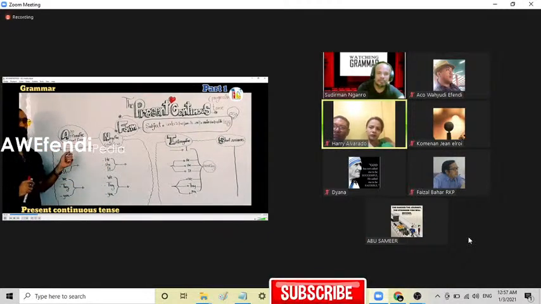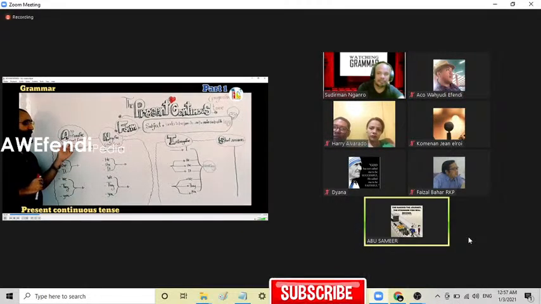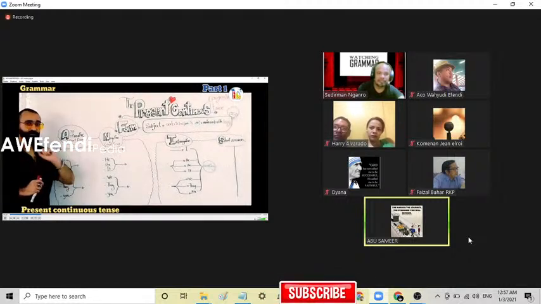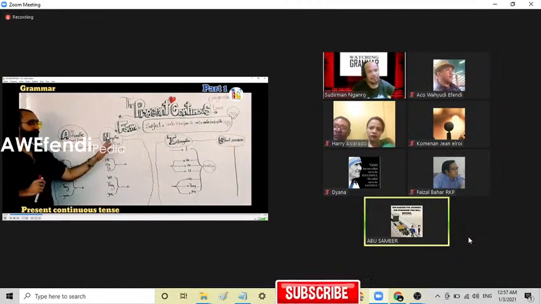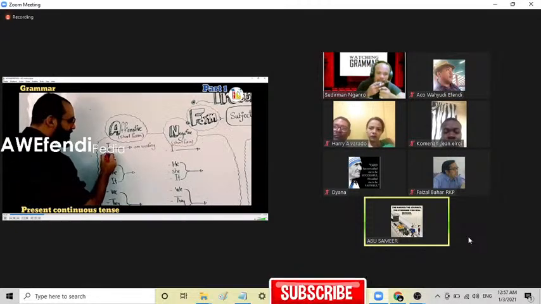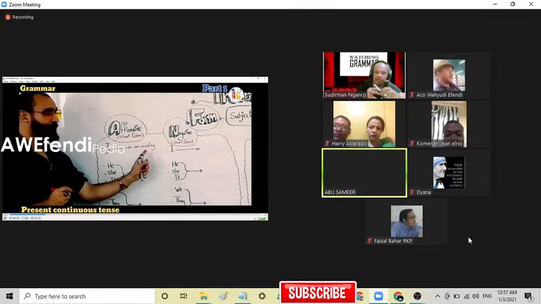So I will explain more, but let's talk about the first part. How can we use the present continuous tense? For the affirmative form, we will use the short form, and I will tell you the difference between the long form and the short form as well, and the negative form. As you can see here, I am working.